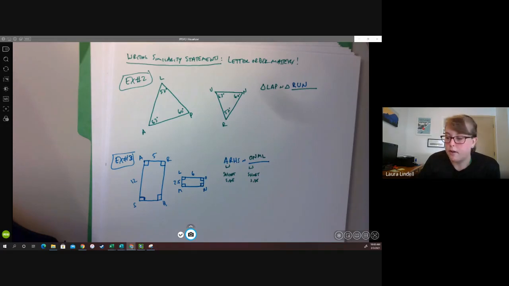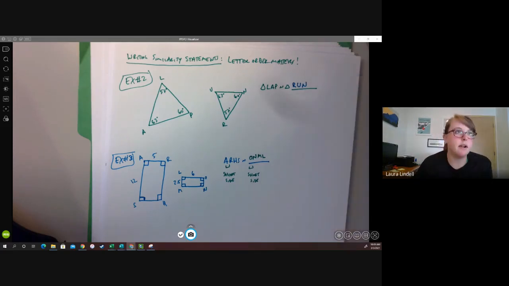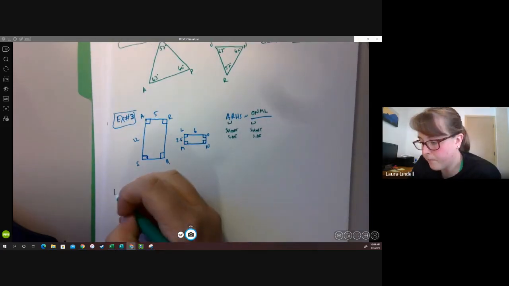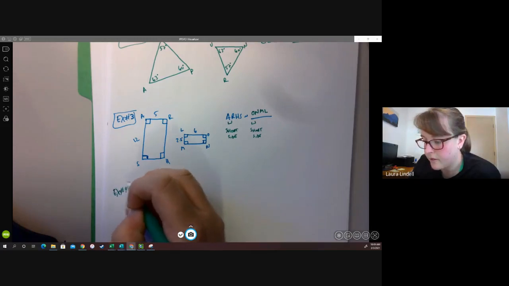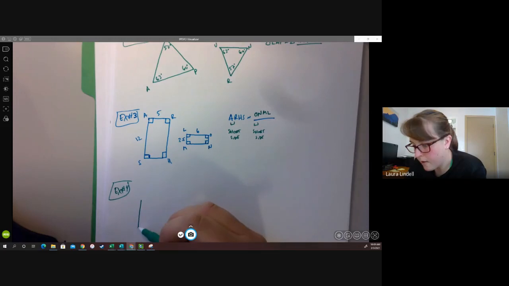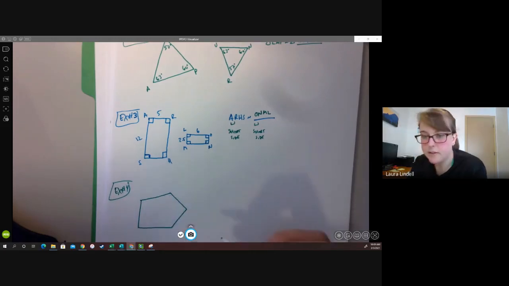So there's a lot more correct answers when it comes to rectangles, which is kind of nice and freeing. But those are kind of the two main types of problems that you're going to see where you're asked to write a similarity statement. We could have one where there's more sides involved. We could have something like this.